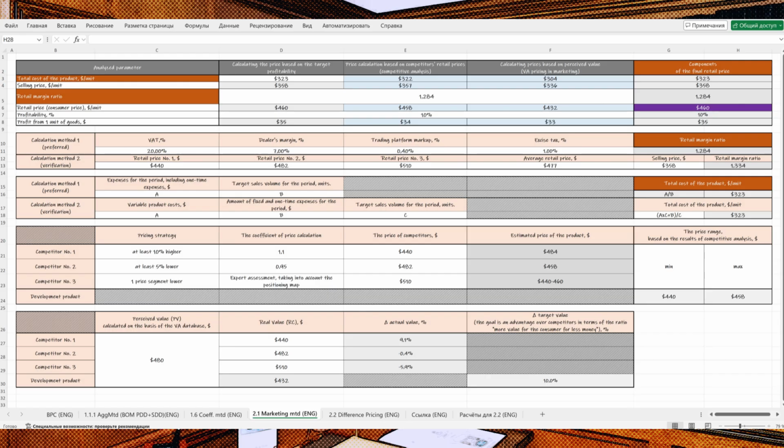However, for example, the indicator profit per unit in marketing is customarily calculated as the difference between the total cost and the selling price, and it's $35, whereas in the basic design engineering calculation, the value of the profit parameter is fixed, and according to the business plan, it amounts to 8.8% of the selling price without VAT, i.e.